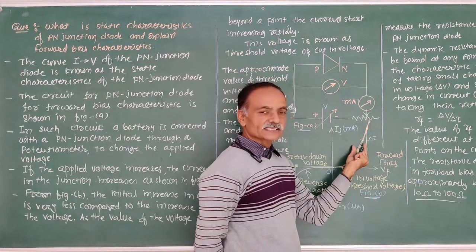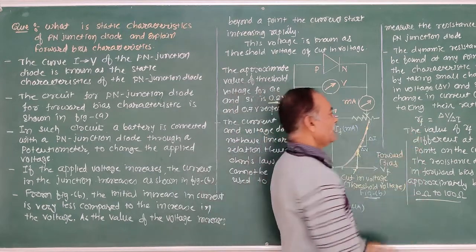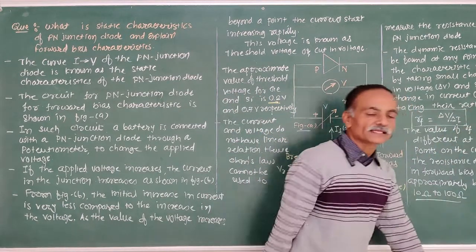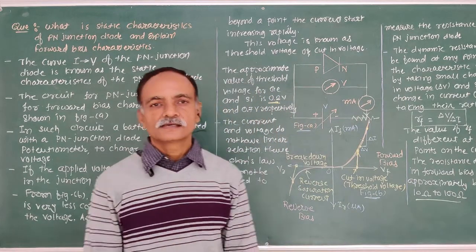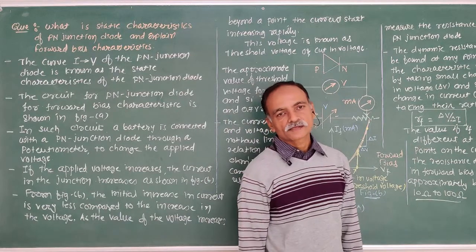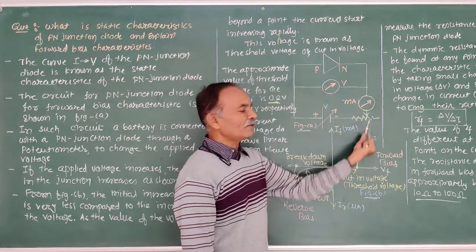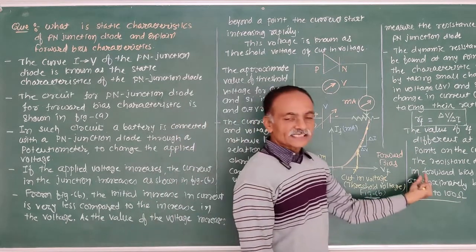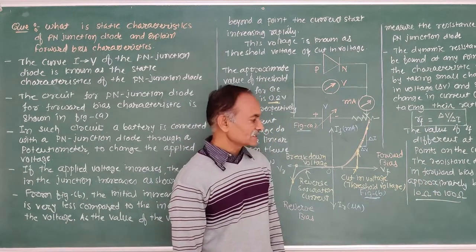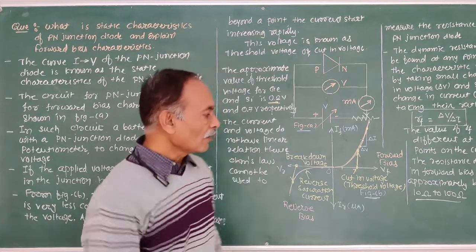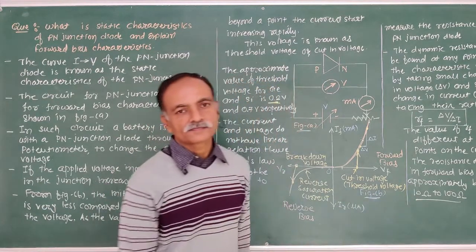Therefore, the dynamic resistance in forward bias, RF, is equal to delta V upon delta I. The value of this resistance is not the same. It is different at different points of the characteristic curve. The resistance of a diode in forward bias is approximately between 10 ohm to 100 ohm.